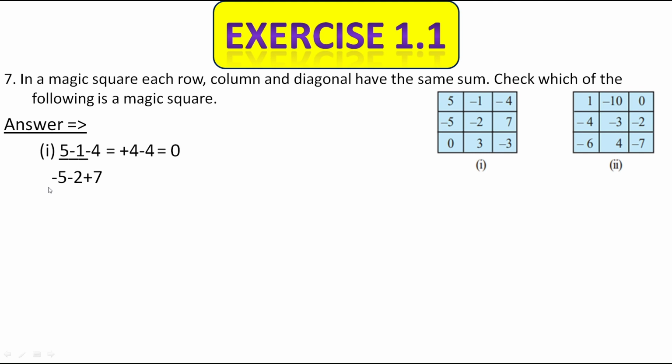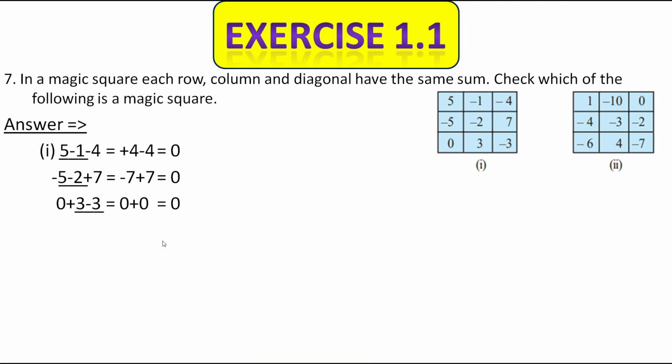I'll make a group of these two numbers. As both of them have the same sign, we have to add. -5 -2 gives you -7 and this +7 gives you 0. Next row is 0 plus 3 minus 3. Now 0 we will keep as it is and we all know 3 minus 3 is again 0. So 0 plus 0 is equal to 0.